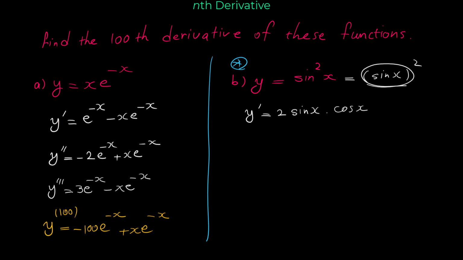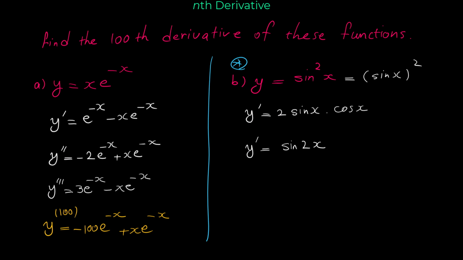But if you want to find the second derivative from this, maybe you can find the answer, but it would be a bit harder. If you have a good knowledge of trigonometry, you probably remember from double angle identities that 2 sine x times cosine x can be written as sine of 2x.